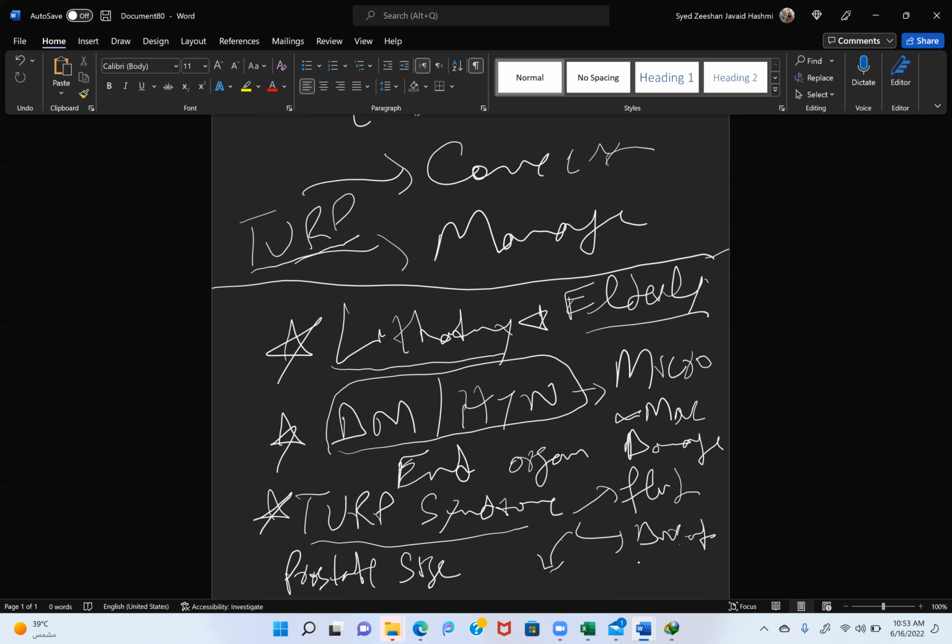In cerebrovascular disease, end organ damage will be TIA or stroke. In peripheral vascular disease, end organ damage will be intermittent claudication, ischemia, gangrene. And in the heart, ischemic heart disease, arrhythmias, ischemia, infarction, heart failure.